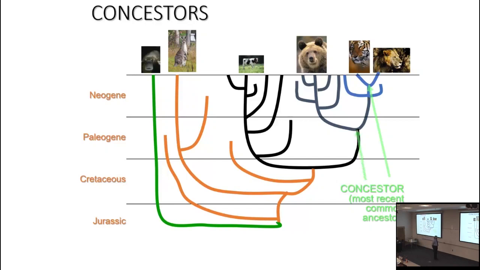Earlier in time would be the concestor of lions, tigers, and bears. This would be the concestor of all carnivorous mammals, a group called Carnivora, the carnivorous mammals. And even earlier would be the concestor of the carnivorous mammals and forms like the hoofed mammals. And earlier than that, the concestor of all mammals, and so forth.